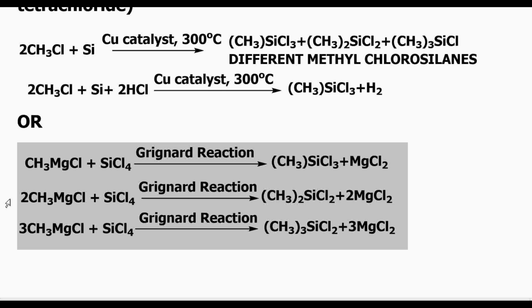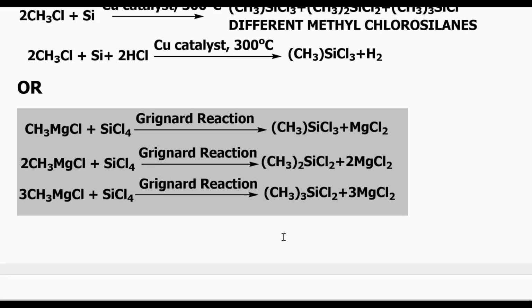If you take 2 moles of methyl magnesium chloride, then you will get dimethyl silicon chloride. If you take 3 moles of methyl magnesium chloride, then you get trimethyl. So, in the first step, we have obtained methyl silicon chloride or alkyl silicon chloride.